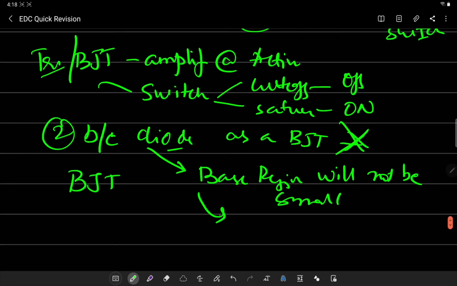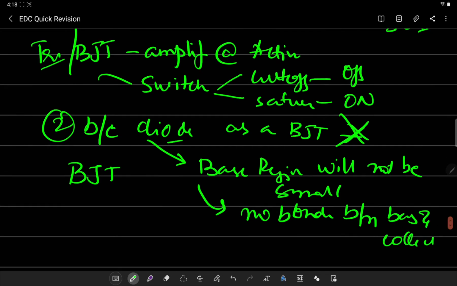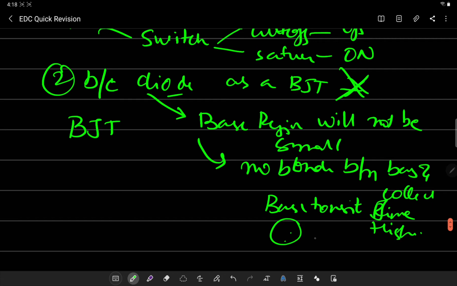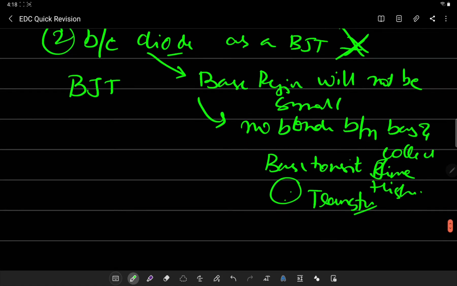Also, there is no bonding between base and collector, and you also have a higher base transit time, therefore you miss the action of a transistor.